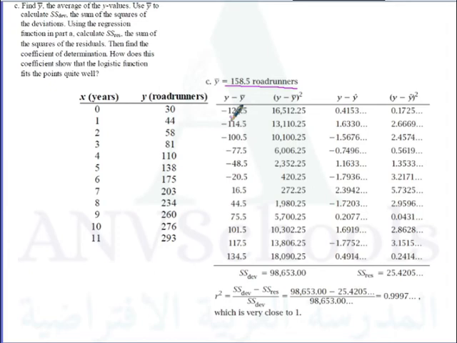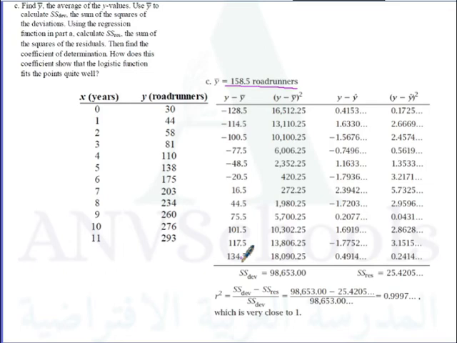So we have negative 128.5, negative 114.5, negative 100.5, negative 77.5. That's just subtracting your mean from the y value. That's why it yields negative here. So 30 minus 158.5 will give you negative 128.5, and so on and so forth. So these are our tabular illustrations for the deviation from the mean.